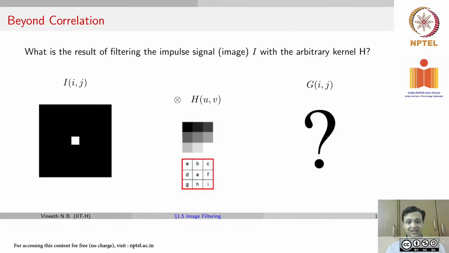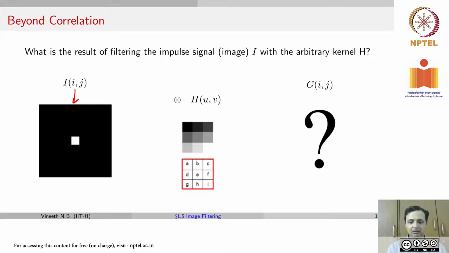So let's ask an important question now. Let's take an impulse signal. For those of you with a signal processing background, you'll be able to appreciate this. So let's take an impulse signal, which for us, let's say we define it as a single white pixel in the middle of an entire black image. We're going to call that an impulse signal.